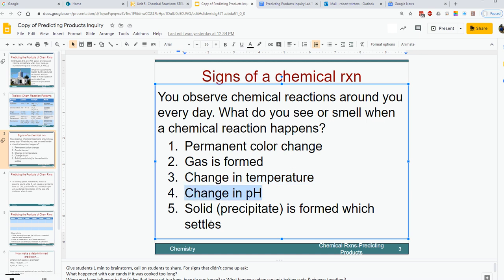You might see a change of matter. Maybe it's a solid, and when a solid comes up, we call that precipitation. Sometimes you see very dramatic things happen: light shooting out of it, or smoke, or an explosion, right? Definitely information that might indicate it's a chemical reaction.